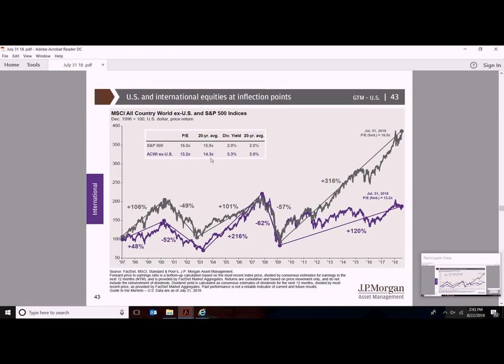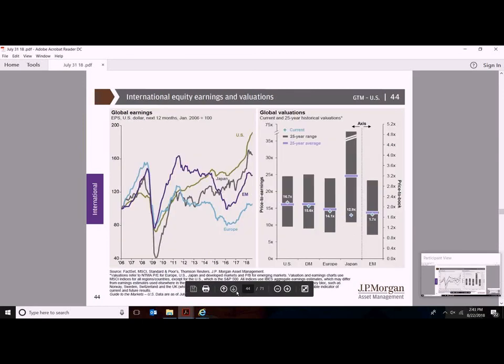But the ACWI historically is at 14.3 on a 20-year average and currently at 13.2. So it does look like on the international side, there's still a little bit more room and probably a little bit more value if you're just looking simply at valuations.